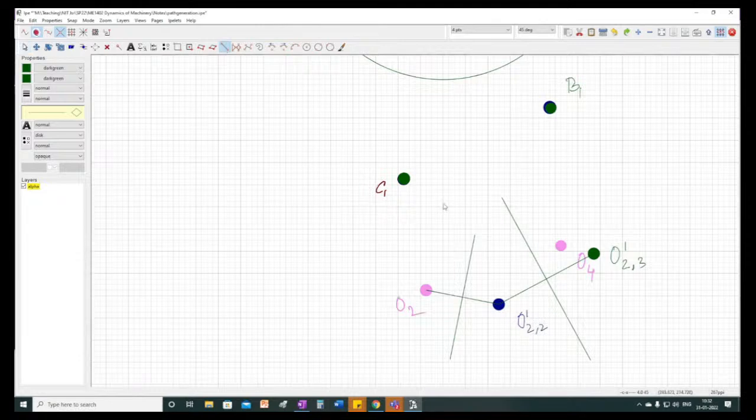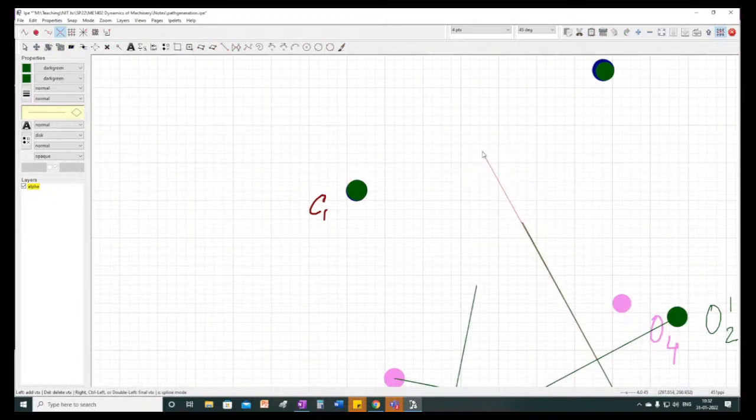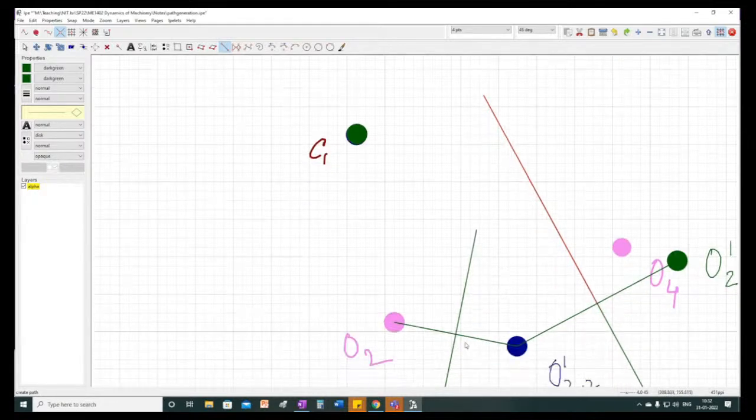Okay, to do that, what I can do, we can start from this position, and there's some limitation with this software, but it's good enough to serve our purpose.